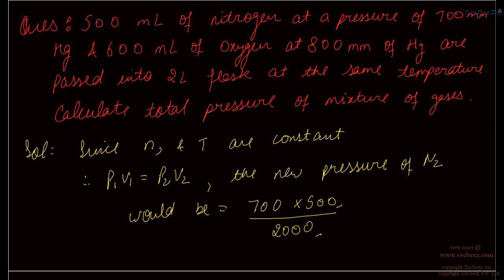So from here P N2 comes out to be 175 millimeter Hg.